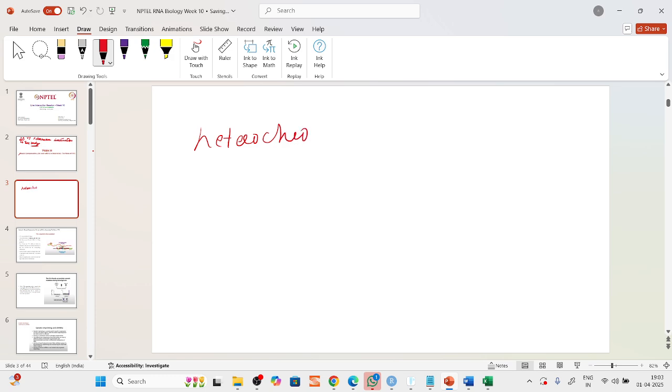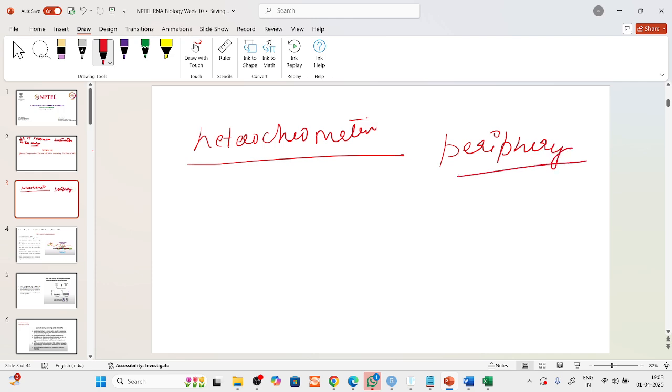Okay, in the heterochromatin region, and spatially it is present in the periphery. So if this is a nucleus, this is the center, and this is the periphery of the nucleus.